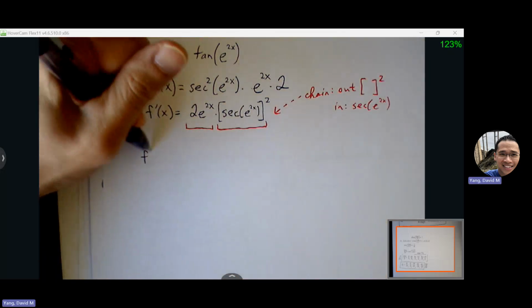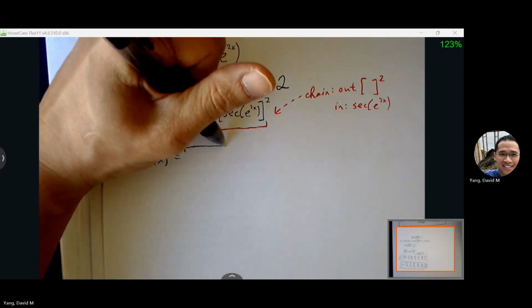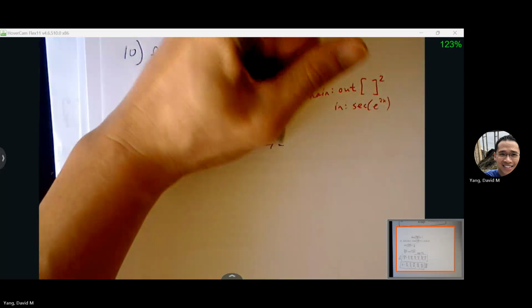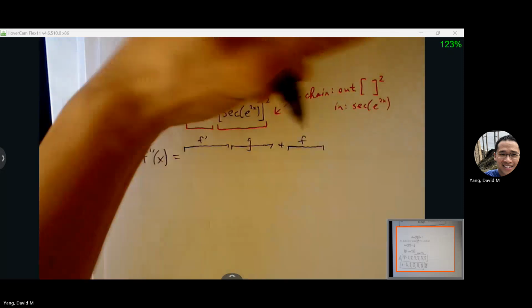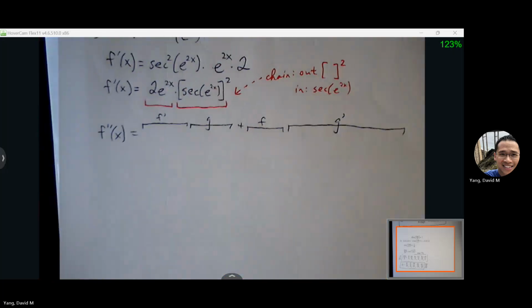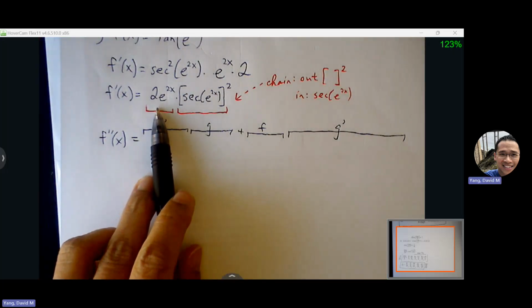All right, a little messy here to get to the second derivative. 2e to the 2x becomes 2e to the 2x times 2.